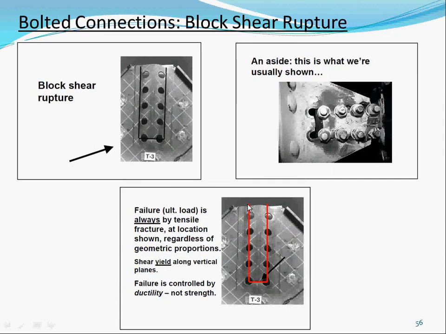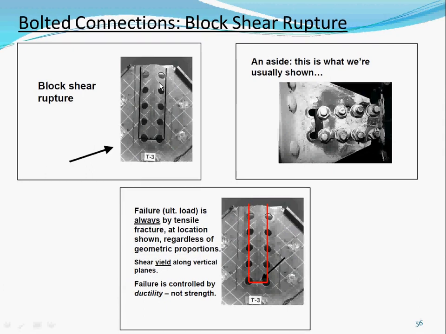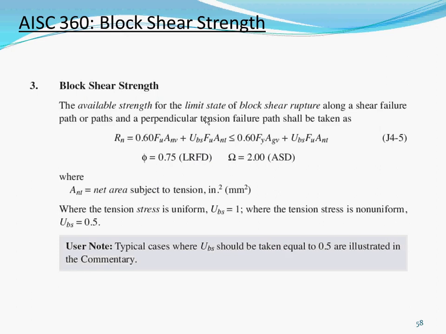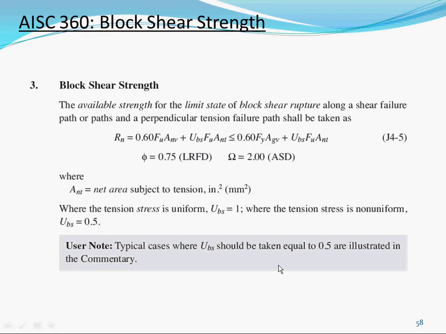Now you have to check whether it's along the bolt line or along the edge. So when you're checking shear, you have to check both the FU A net and FY A gross. You see this term is the same for tension. So that's the block shear strength per AISC 360.